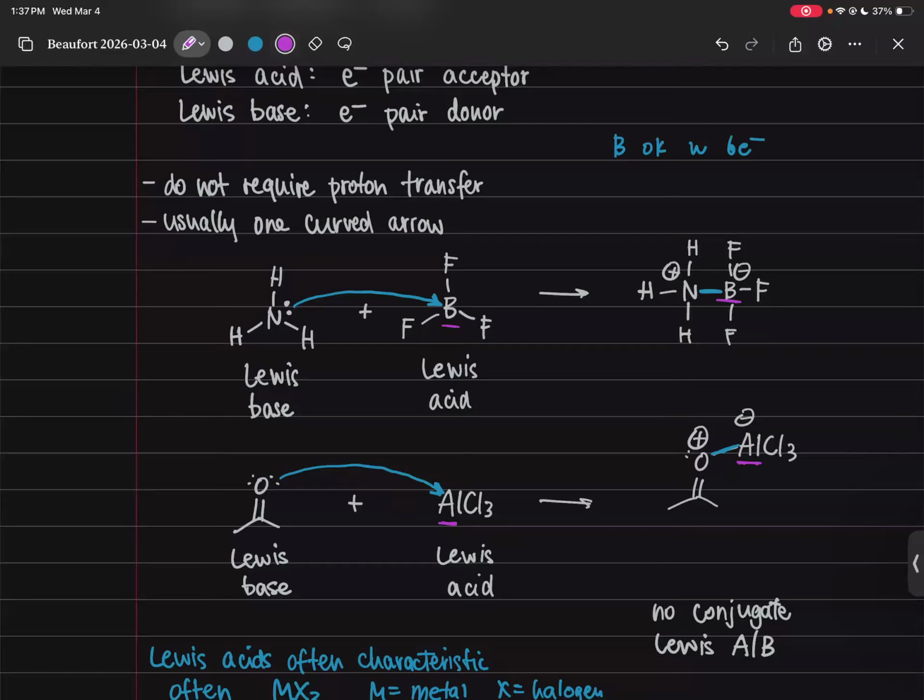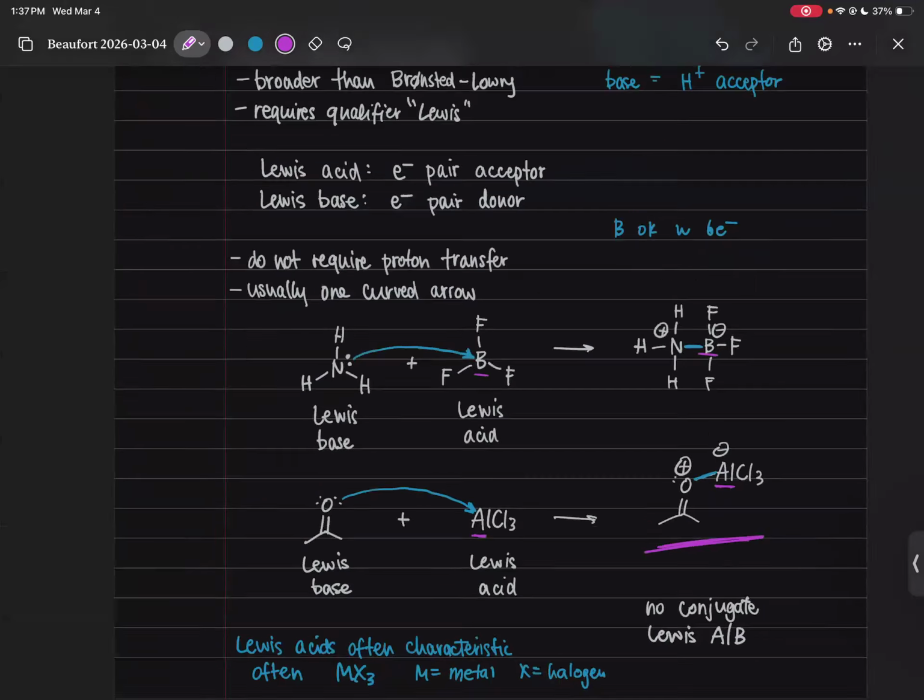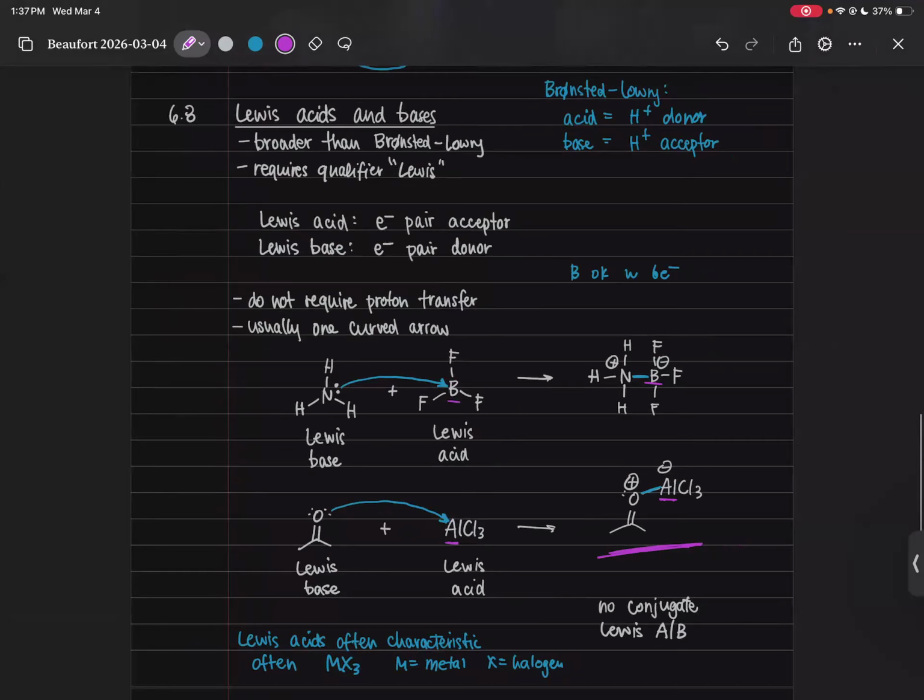This kind of thing down here with the oxygen aluminum bond, we'll see again come up in organic 2. And they're useful for a couple very specific kinds of chemical reactions. Okay, so that's basically all I want to say on Lewis acids and bases.